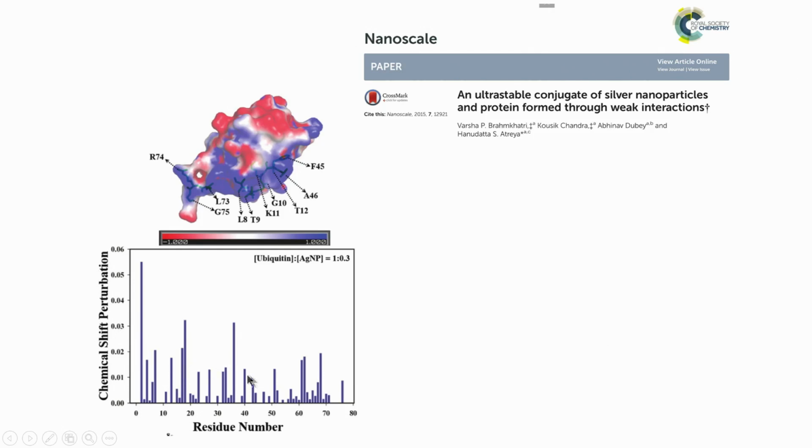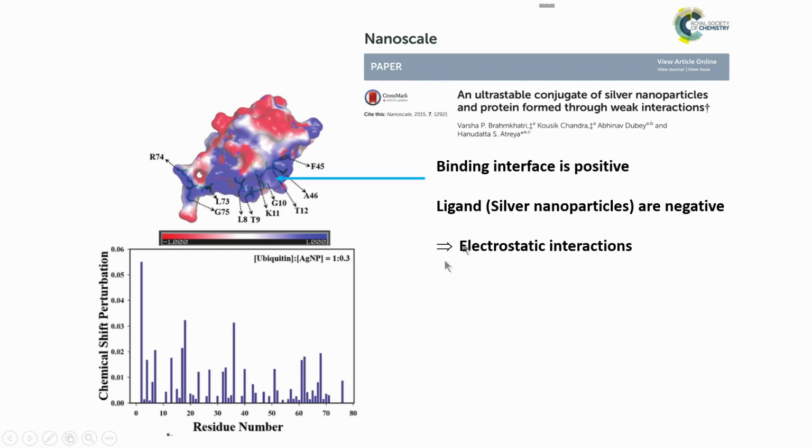Those which undergo very high delta delta were plotted on the surface of the protein, and it was found that all of them are located on the positively charged surface, blue color is positive, which means this nanoparticle, because it is negative, is interacting with the positive surface of the protein, which means the interaction between the nanoparticle and the protein is driven by electrostatic interactions.